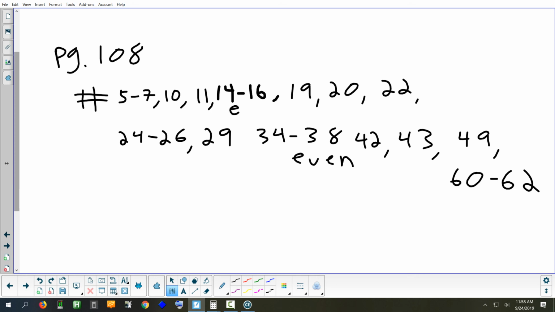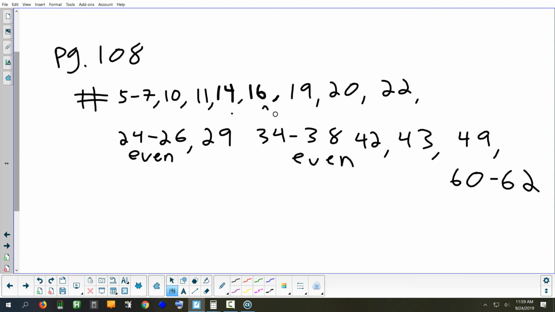All right, so on those, it's even and even. All right, so the homework, it's 5 through 7. And then everywhere else there's a range, it's just the evens. So 10, 11, 14 to 16 is just, I guess I could have just done 14 comma 16.